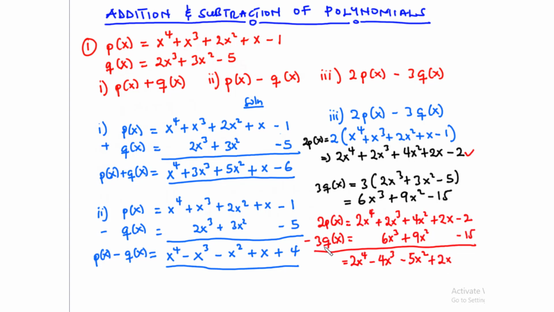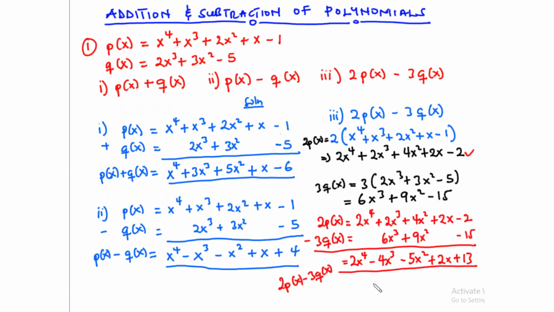Negative 2 minus negative 15 is negative 2 plus 15, which is 13. So we have 2 times p of x minus 3 times k of x to be equal to 2x exponent 4 minus 4x cubed minus 5x squared plus 2x plus 13. So basically, this is how to add and subtract polynomials.